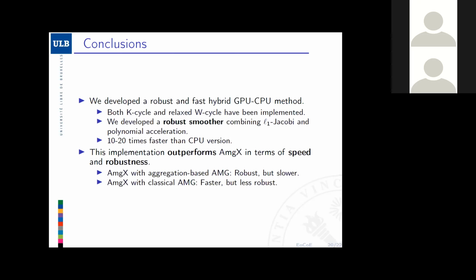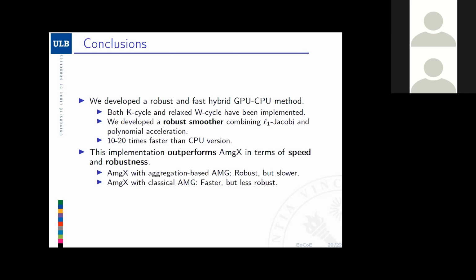When we compare it with the aggregation-based AMG, the aggregation-based AMG is robust, so it converges quite well, but it's a lot slower. And on the other hand, AMGX with classical algebraic multigrid is faster, but a lot less robust, as we have seen for problems with high degree.